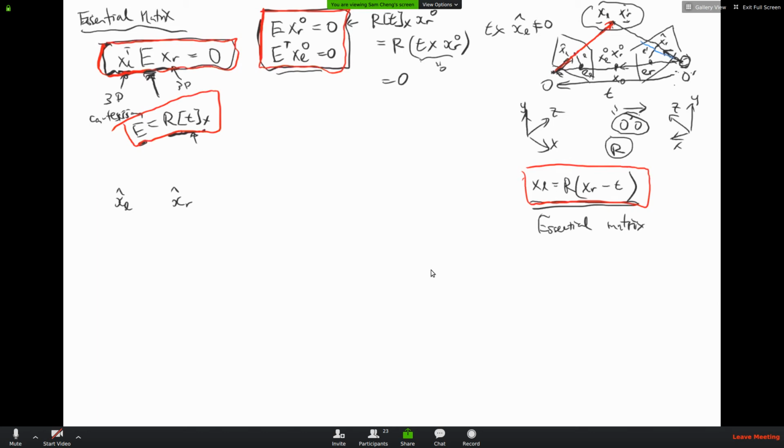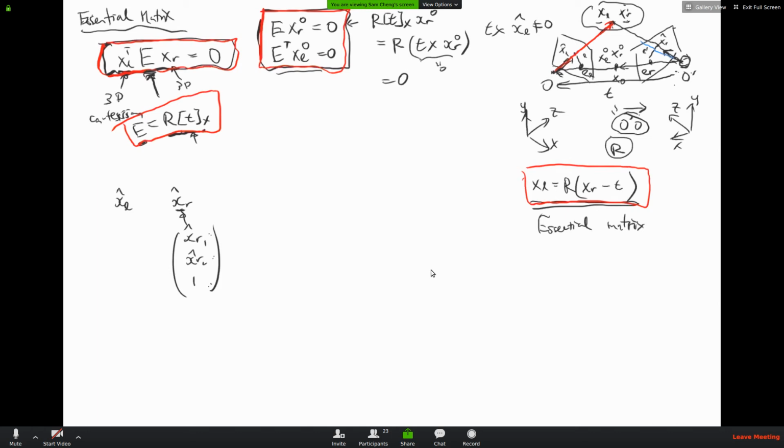And be careful, for these I'll use a different coordinate system, the homogeneous coordinate system. What I mean is that this XL here is, for example, XL1, XL2 and 1, something like that. This is a vector here, and this is the scalar value here.